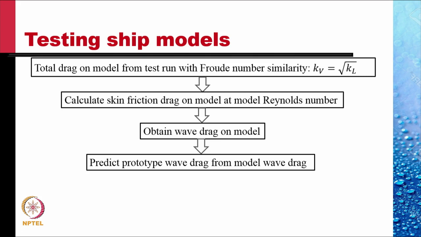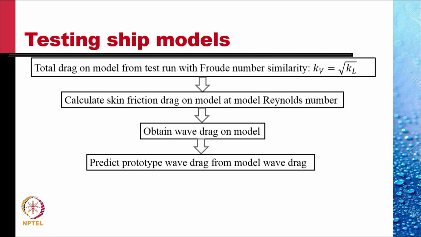The wave drag coefficient on the model must be equal to the wave drag coefficient on the prototype. And since we know the wave drag on the model, we can calculate the wave drag coefficient on the model. And this same drag coefficient would apply on the prototype.